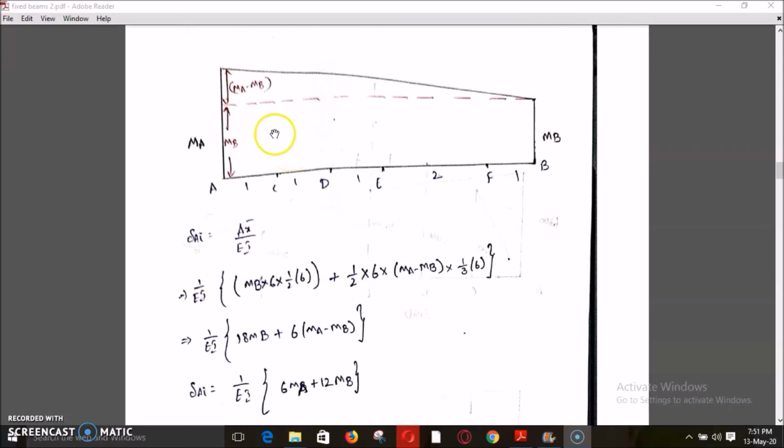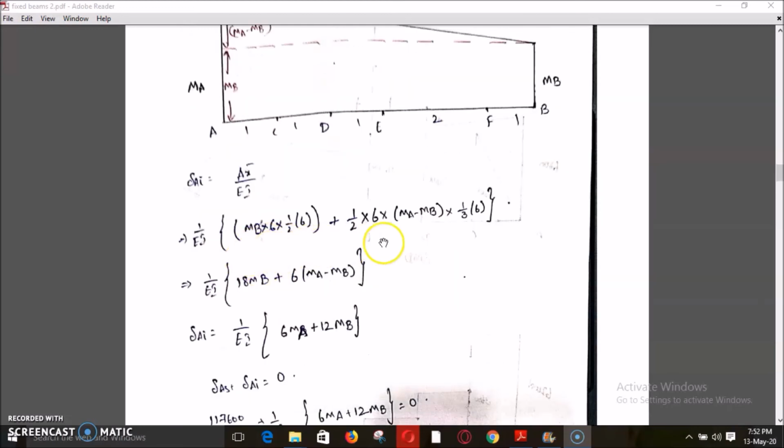So deflection at A due to this fixed case is A X bar by EI. EI is constant, and A X bar of this rectangular part is MB into 6 is A, and the X bar value will be at the center, that is half of length 6. Coming to this triangular portion, area is half, base is 6 into height MA minus MB, and from the vertex it is at a distance of 1/3 of 6. So this is the delta AI value.